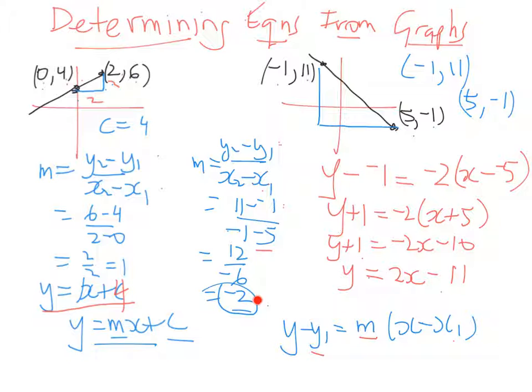For every 1 I go across, I go 2 down, or for every 6 I go across, I'll go down 12, which is what's happened, so it is -2. Okay, let me fix that up.